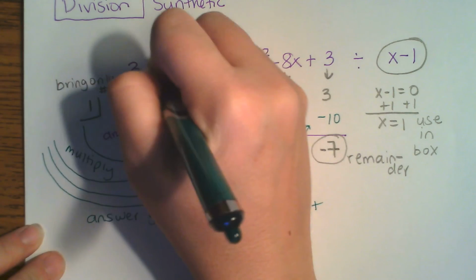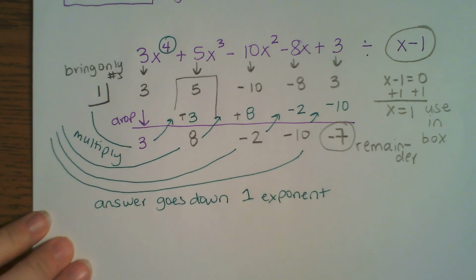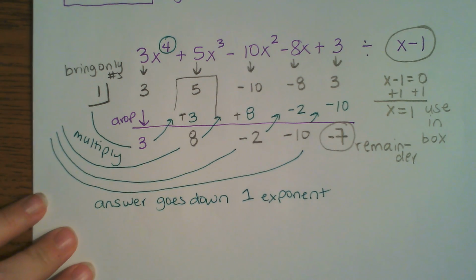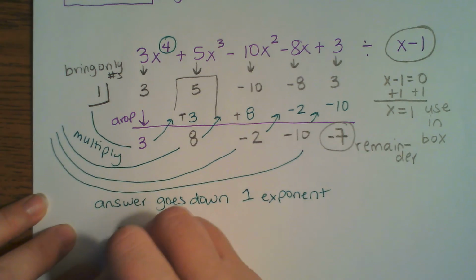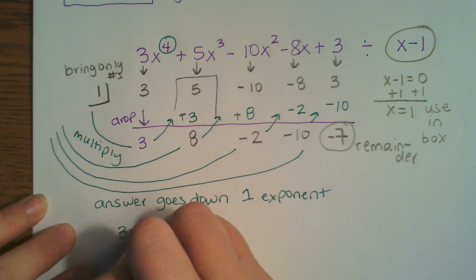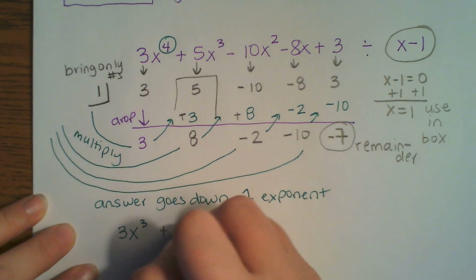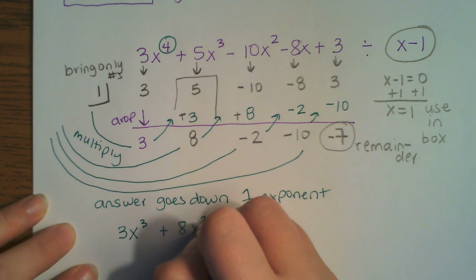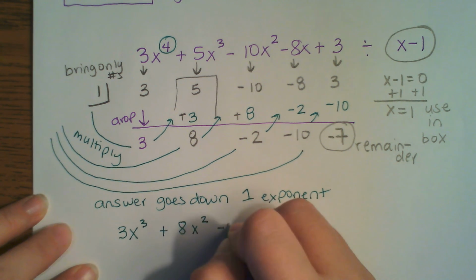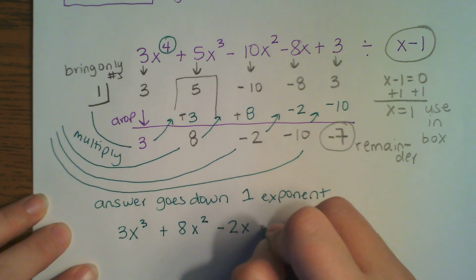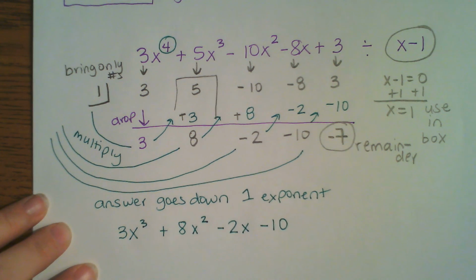So that original problem was x to the 4th, so our answer is going to be 3x to the 3rd plus 8x squared minus 2x minus 10.